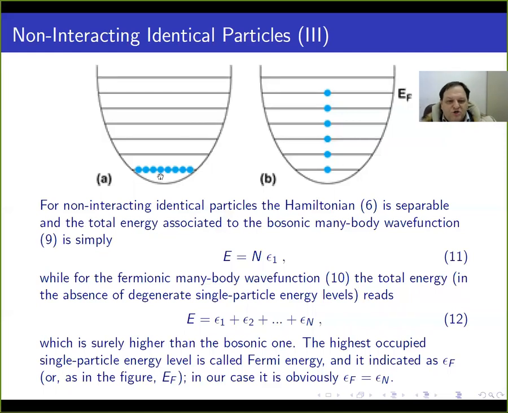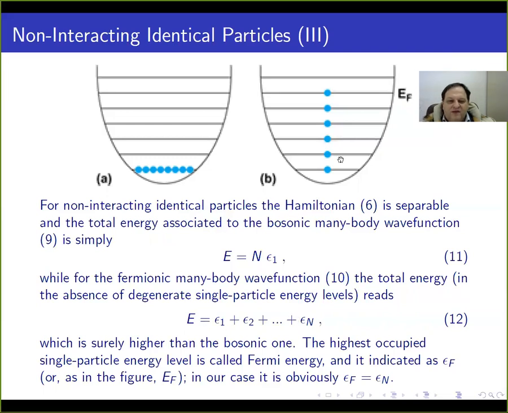By the way, the highest occupied single particle energy level of fermions is also called the Fermi energy. Obviously, for bosons, the total energy, if the bosons are in the pure Bose-Einstein condensate, is simply the energy of the lowest single particle level, epsilon sub index 1, times the number of particles. While for the fermionic many-body wave function 10, the total energy, in the absence of degenerate single particle energy levels, is given by equation 12.